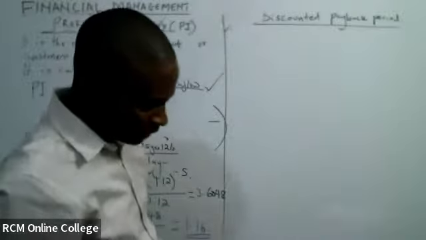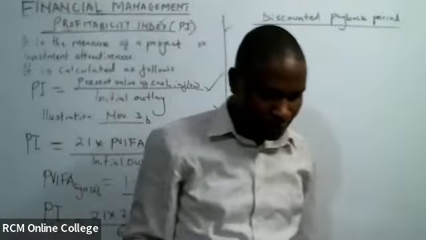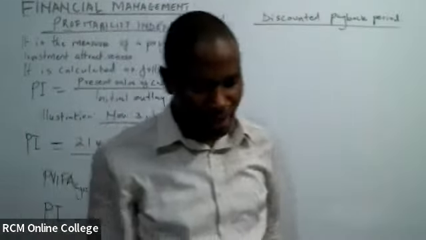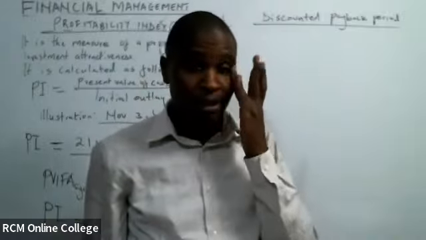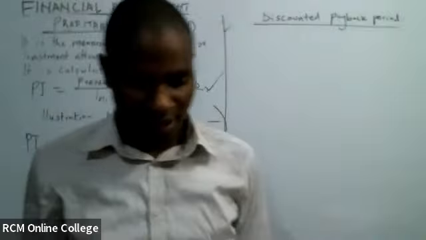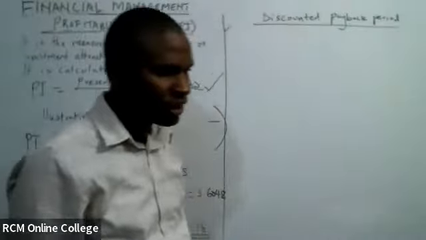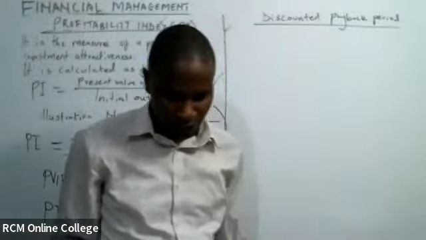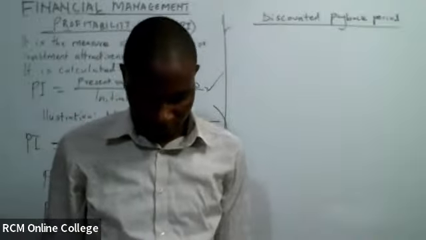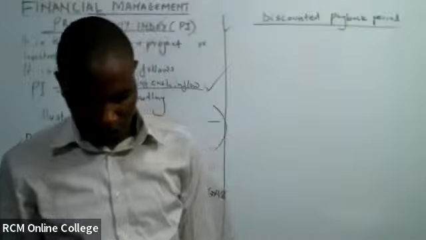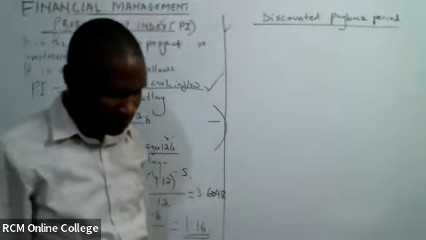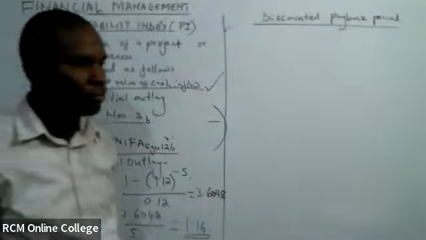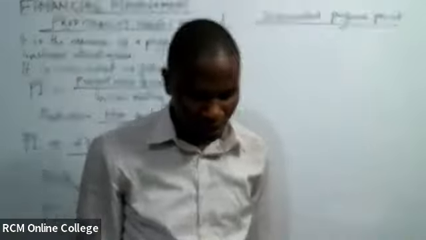Now, we can say something regarding it. A discounted payback period gives the number of years it takes to recover the initial investment by discounting future cash flow and recognizing the time value of money.